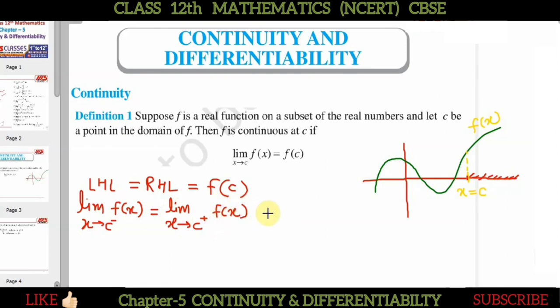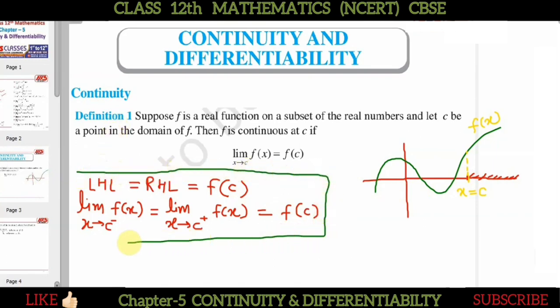Okay, and then left hand limit, right hand limit, and then at the point, means the function must be continuous. We need to check the continuity of the function at this point also. So for that point we write f of c, and if this relation holds good, then only we say that the function is continuous at x equals to c.